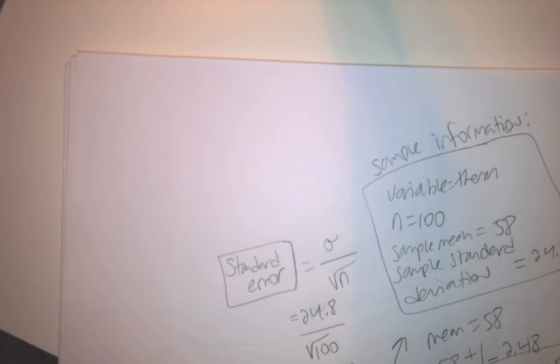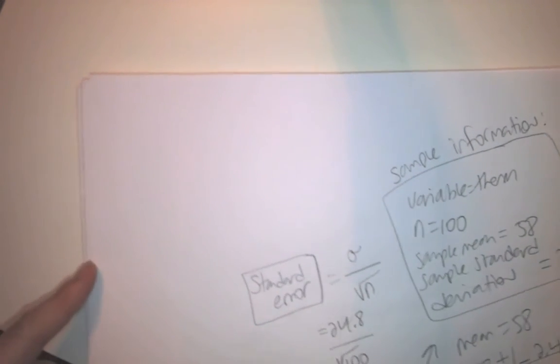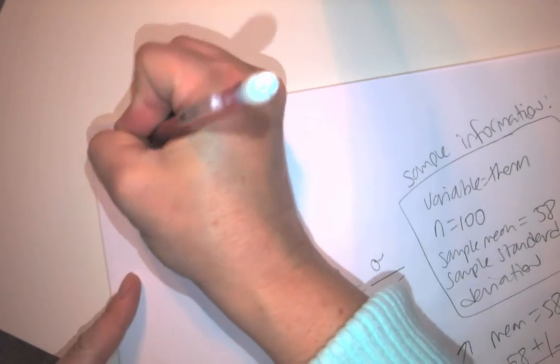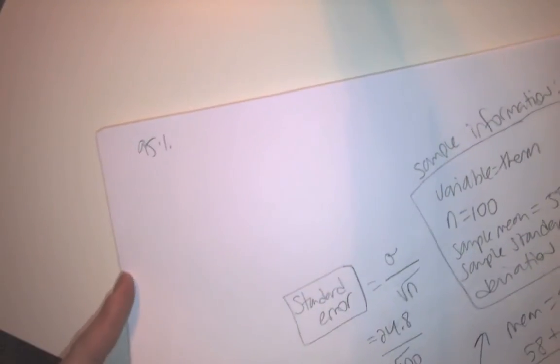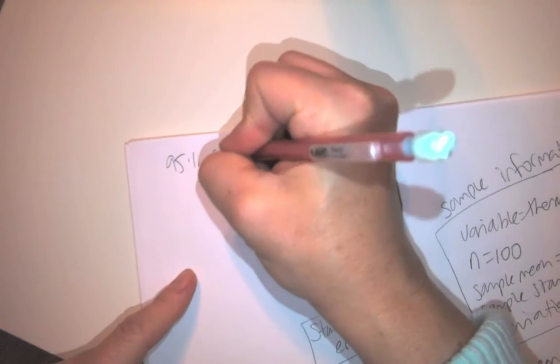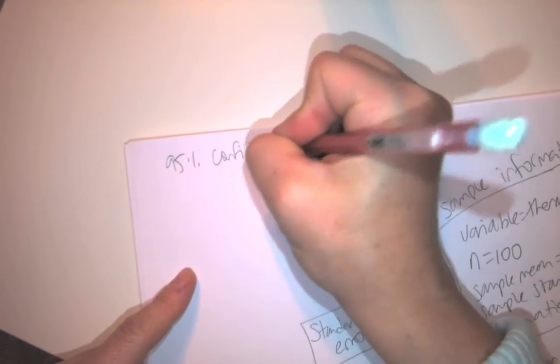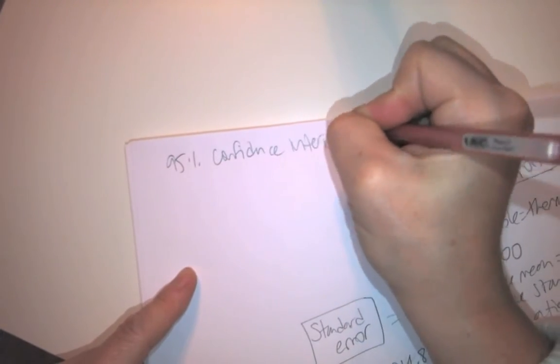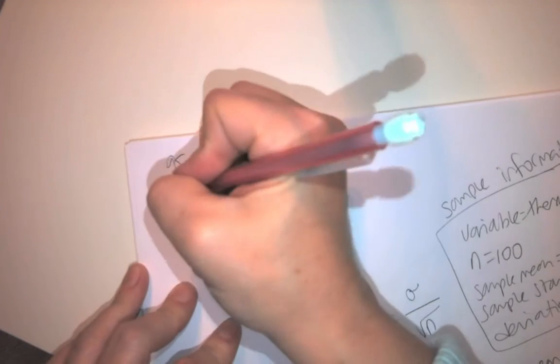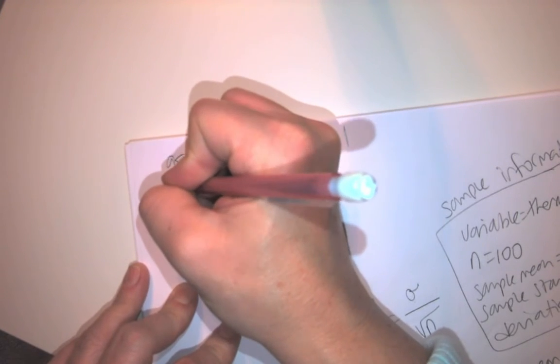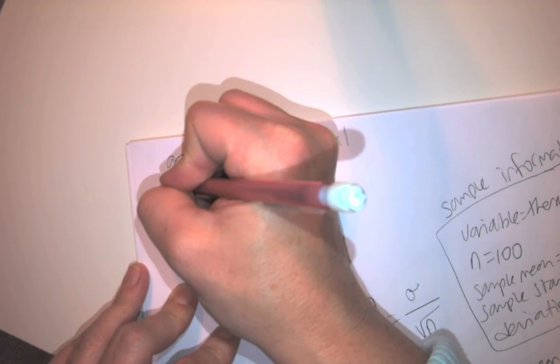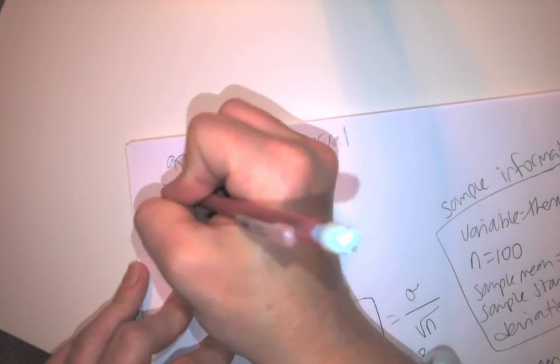So using the formula from the book, let's first look at a 95% confidence interval. It's going to have a lower and an upper boundary. It doesn't matter how I write it.